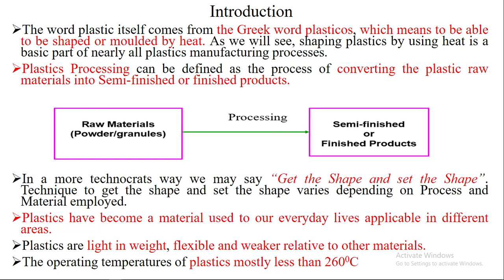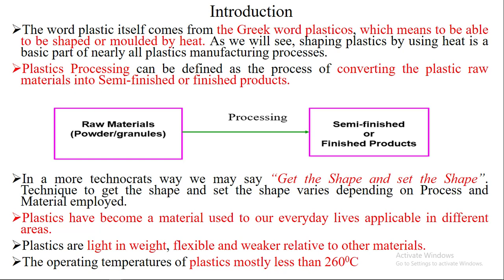As I mentioned at the beginning, the word plastic itself comes from the Greek word plastikos, which means able to be shaped or molded by heat. In producing plastic materials, we should apply heat.